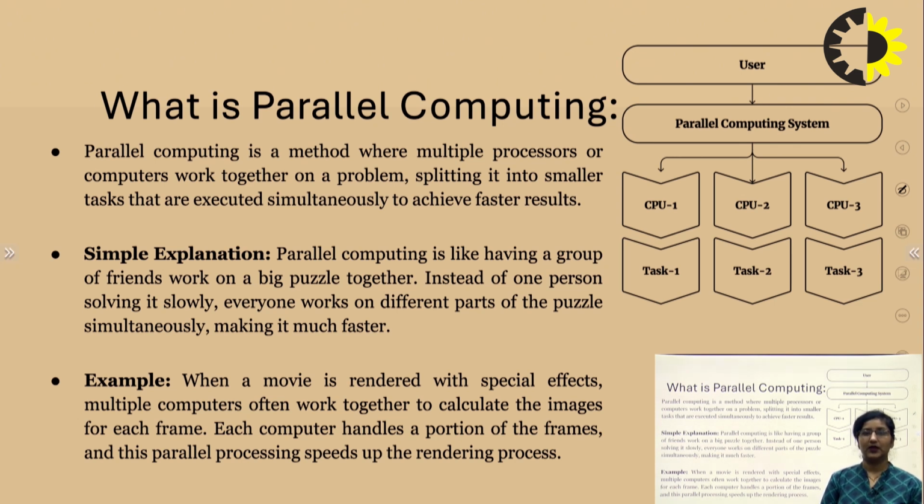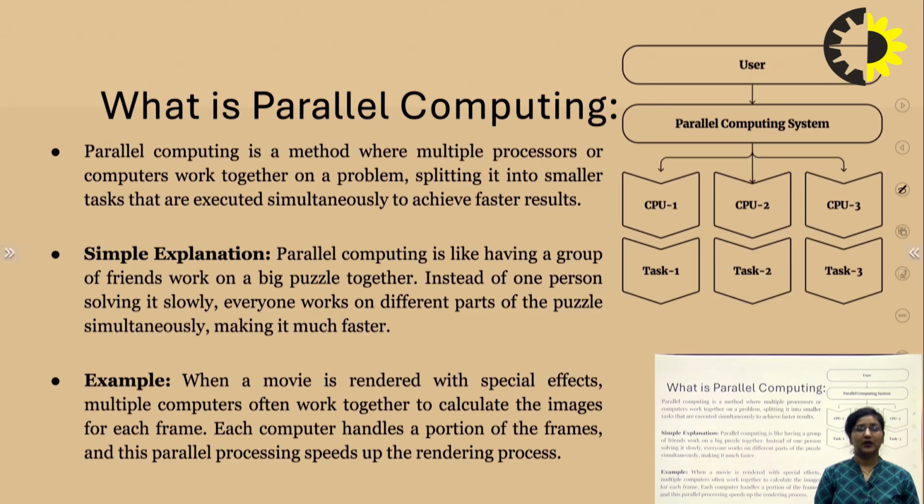The tasks are broken down into smaller parts, keeping in view that they are independent of each other. We can say we have a group of friends working on a big puzzle together. If a single person solves that puzzle, it will be solved slowly. But if everyone looks at different parts of the puzzle simultaneously, it will be solved much faster.